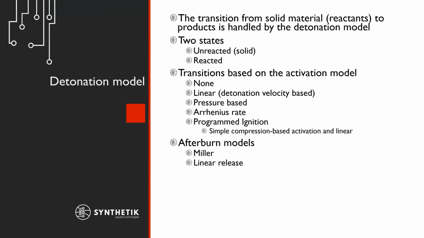Next, we have the linear. So this is a detonation-based model, which is what we just kind of talked about, where you specify points that you want these waves to propagate from, and then they will propagate at the prescribed velocity and release energy as that wave passes cells. Next, we have pressure-based. So for this one, you actually have to initially react some cells, or if you do some sort of drop test or something like that, you need compression and or a higher pressure region.